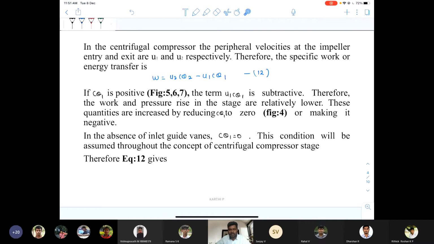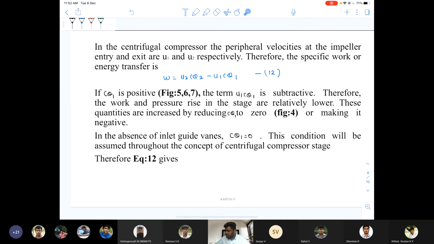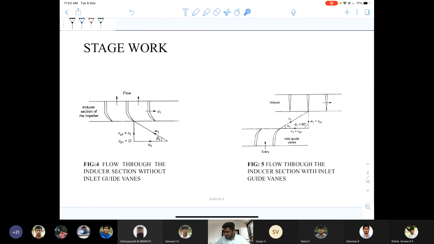That is, if you have the value of C theta 1 as positive, then the pressure rise in the stage will be comparatively low. These quantities are increased by reducing C theta 1 to 0. That is, the work and pressure rise can be increased only when C theta 1 tends to 0, as in figure 4, where the value of C theta 1 is considered to be 0.